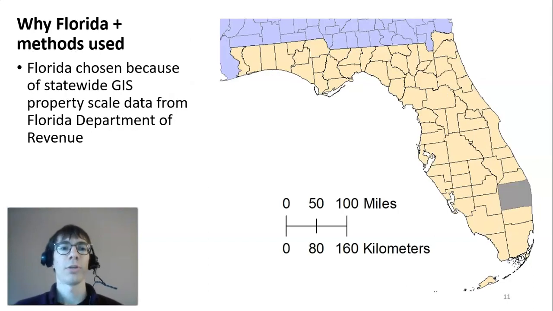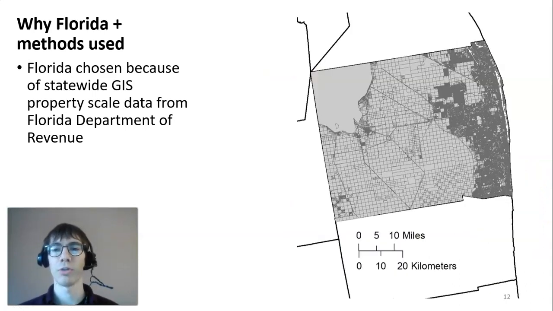But Florida is also used because there's this statewide GIS property scale data set from the Florida Department of Revenue. So I'm working on doing this at a statewide scale, but I'm just going to show you a county case study in this example. So I'm going to focus in on Palm Beach County, which is highlighted here on the right. As we start zooming in, we can start seeing more of the census tracts.